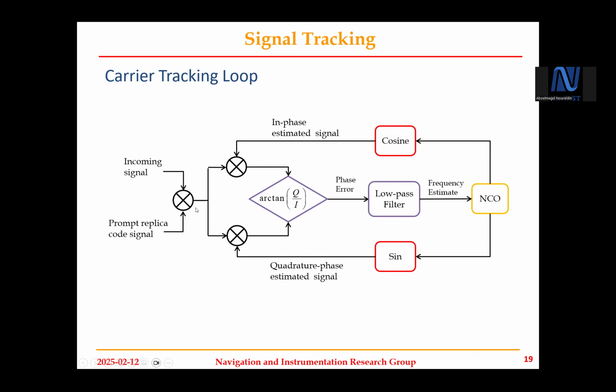Indeed, in real implementations, you will see that we remove this, since we know it to a good extent. So now we correlate this with the incoming signal. We use that for the two locally generated replicas of the signal at the same frequency. Our last estimation provides us with a good estimation for the frequency. We create cosine and sine versions of that signal. So this is the in-phase, associated with the cosine, and this is the quadrature.